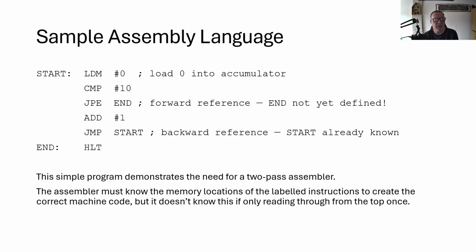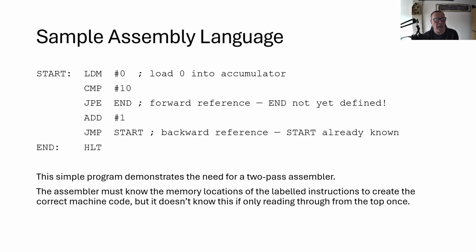The second is a compare, and again CMP is a compare immediate, so it's comparing the actual value in the operand, which is 10, with the current contents of the accumulator, which is 0, and they're not equal. And then there's a jump if equal to the end, so if they're equal, it'll jump over and halt the program. You can see the end label at the bottom there.